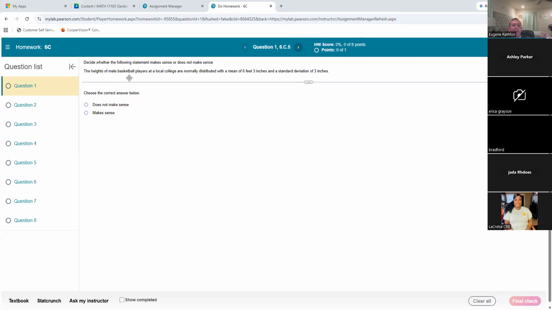So the heights of male basketball players at a local college are normally distributed with a mean of 6 feet 3 inches and a standard deviation of 3 inches. So y'all, basketball players are usually definitely over 6 feet tall, right?